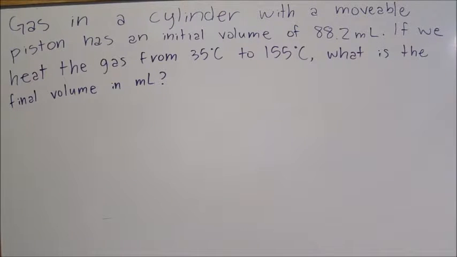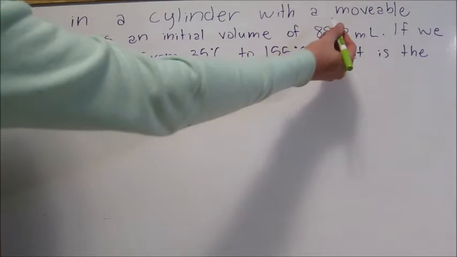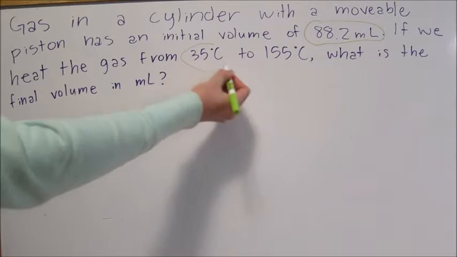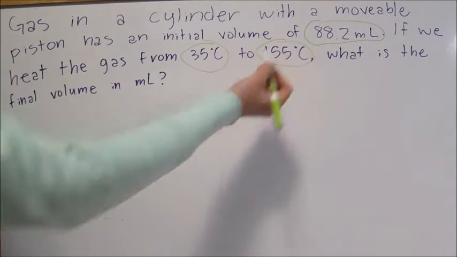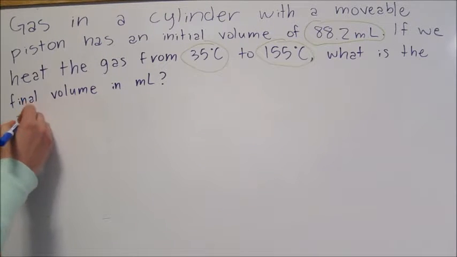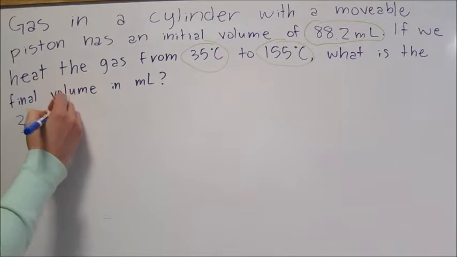Gas in a cylinder with a movable piston has an initial volume of 88.2 milliliters. If we heat the gas from 35 Celsius to 155 Celsius, what is the final volume in milliliters? So first, to solve this problem, we need to again convert our Celsius to Kelvin.